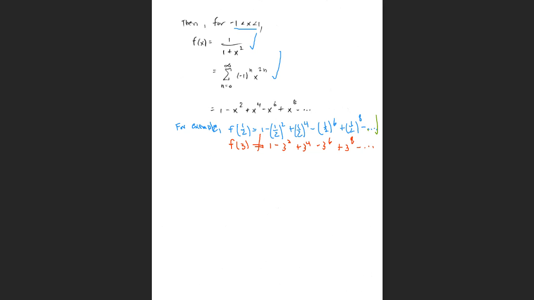It doesn't have to do with the fact that 3 is an odd number. Look here. See what I'm circling here? Mark, you're on the right track. This is the interval of convergence.